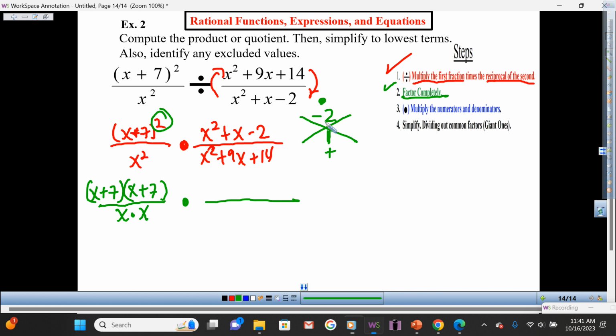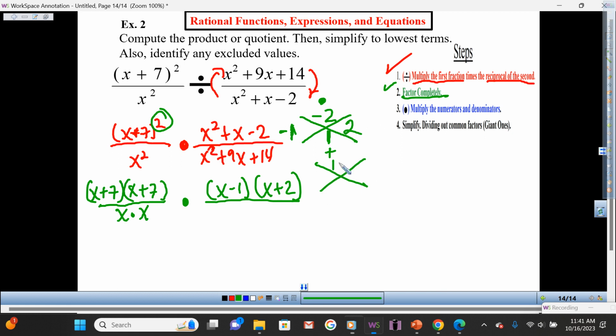Maya. Negative 1 and 2. Yes? All right, so it's (x - 1)(x + 2).